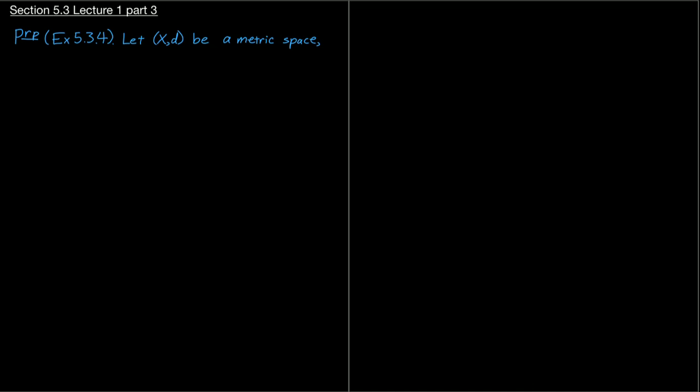And then we're going to pick a point in our metric space and a positive radius. Then the ball centered at X of radius R is open. And this B bar centered at X of radius R is closed.